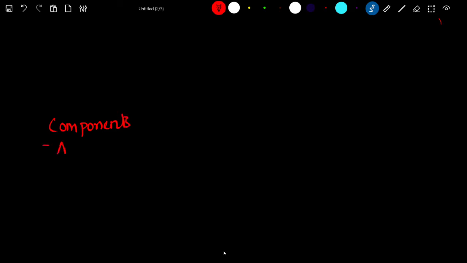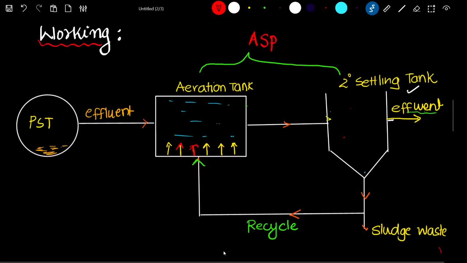One is an aeration tank or an aeration chamber, and the second one is a secondary clarifier or a secondary settling tank. So these two are the components of an ASP. The PST or primary settling tank is not a part of a secondary treatment, whereas it is a part of a primary treatment. So ASP is the part of secondary treatment, and its components are an aeration tank and a secondary settling tank.